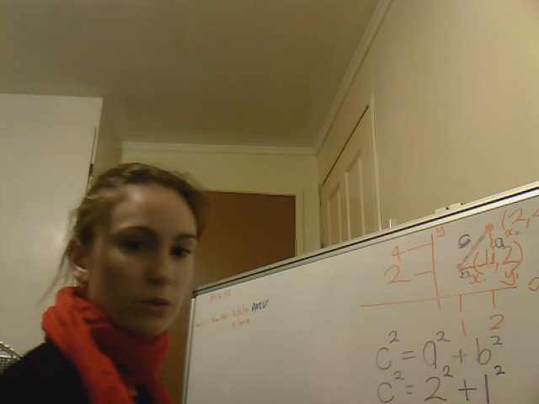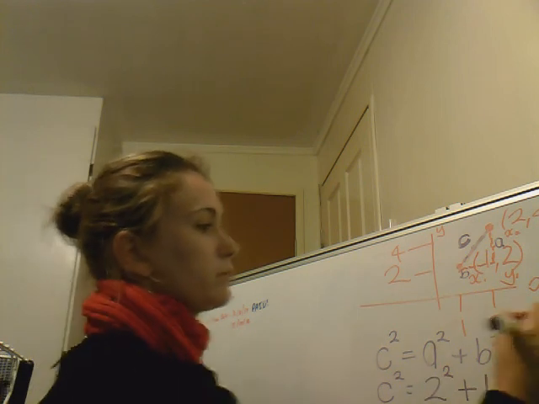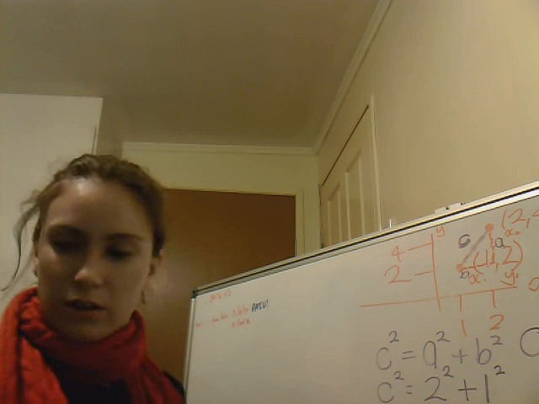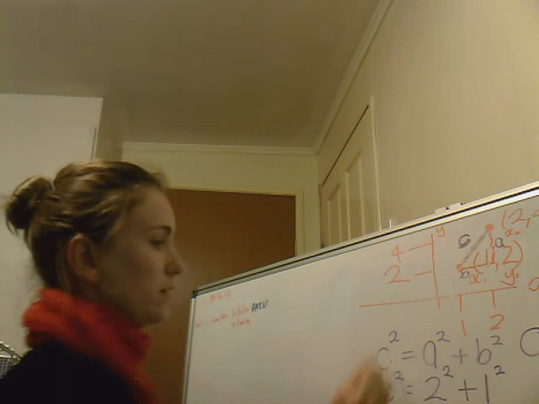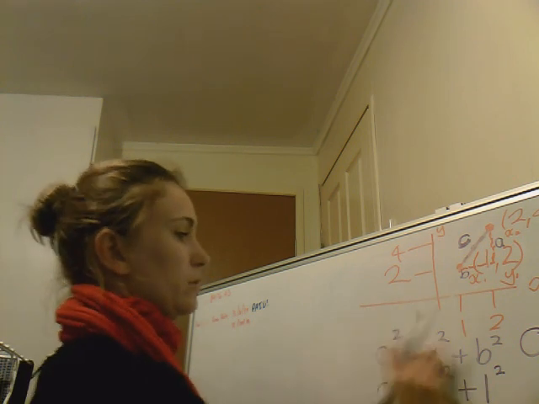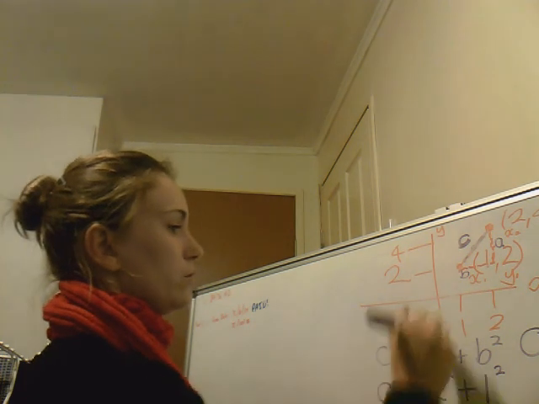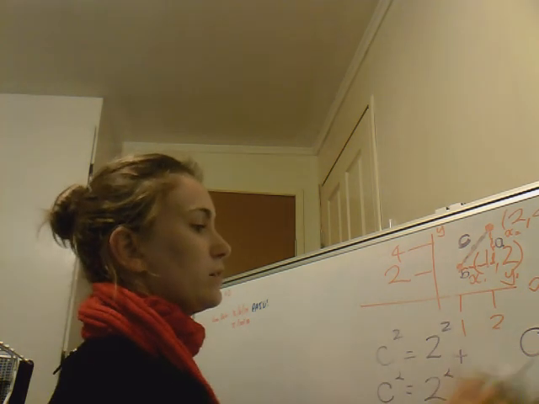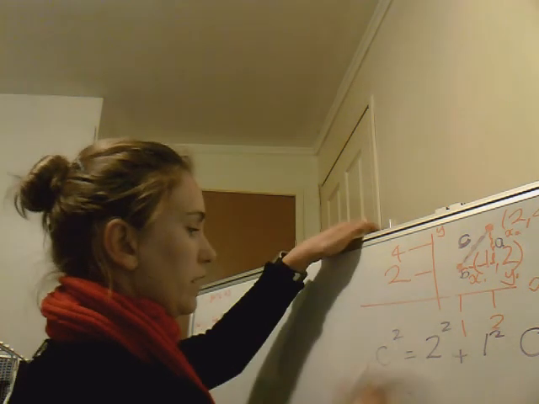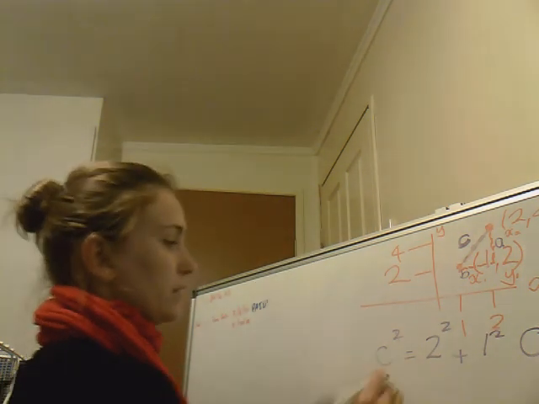Once I've got that value, c squared equals 2 squared plus 1 squared. We can calculate these through.